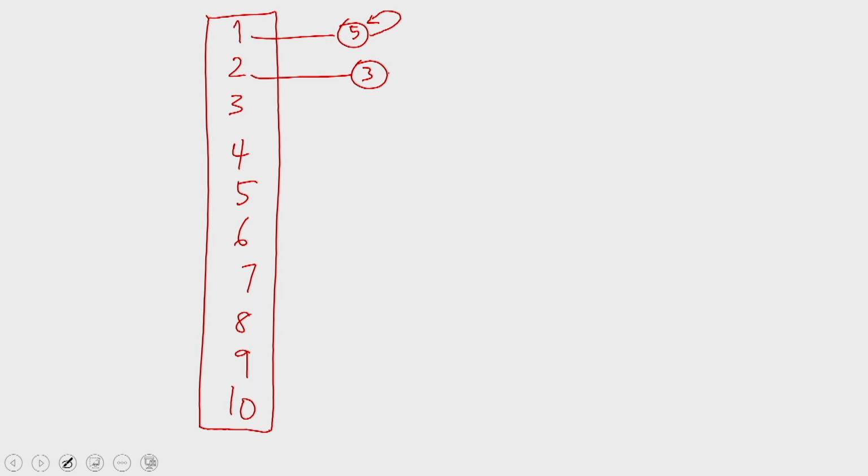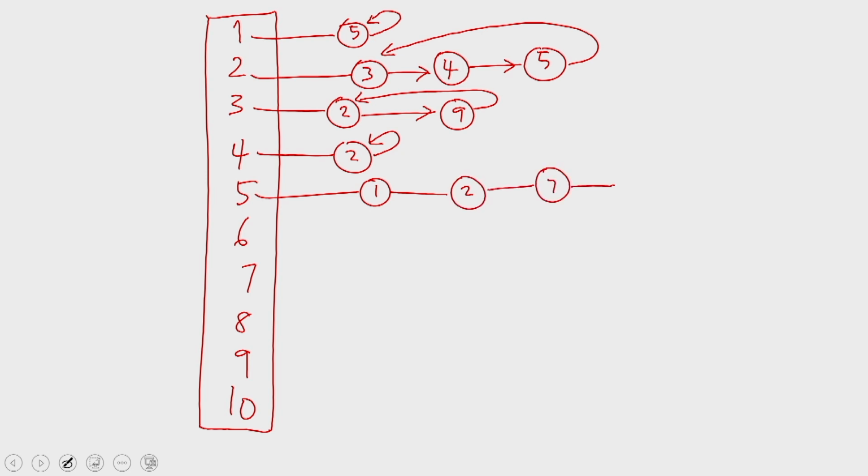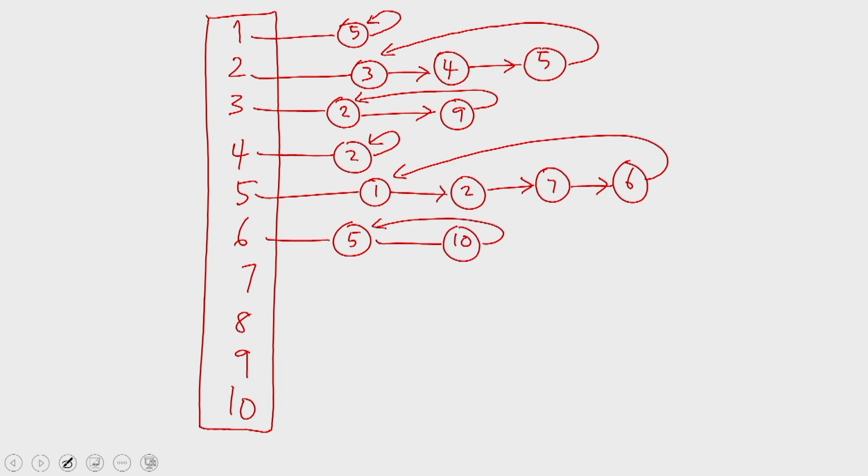2 has 3 neighbors, 3, 4 and 5. We assume that all these pointers are flowing to the right. 3 has 2 and 9. 4 has 2 as its only neighbor. 5 has 1, 2, 7 and 6 as its neighbors. 6 has 5 and 10. 7 has 5 and 8.